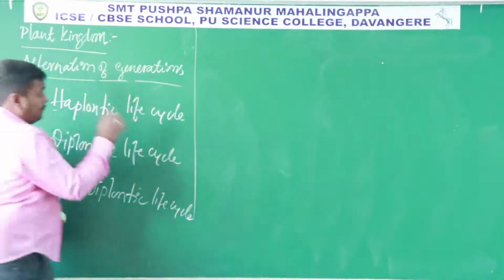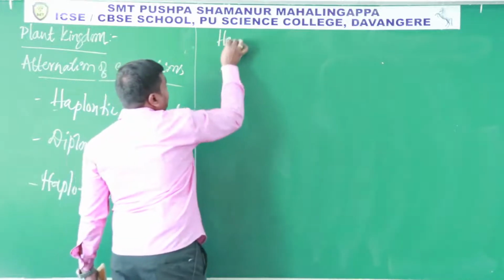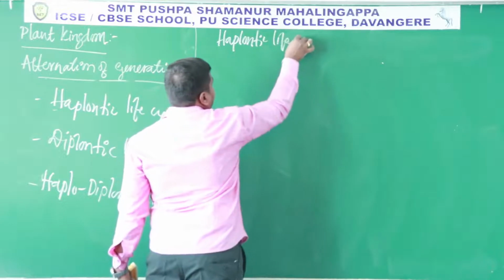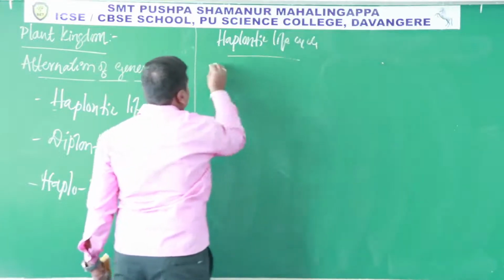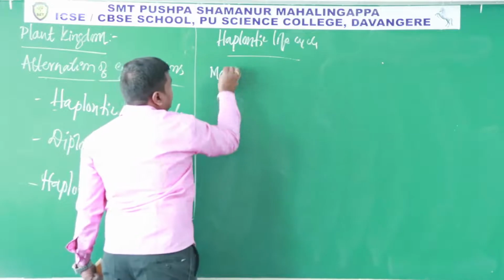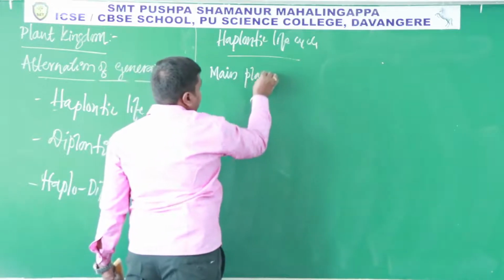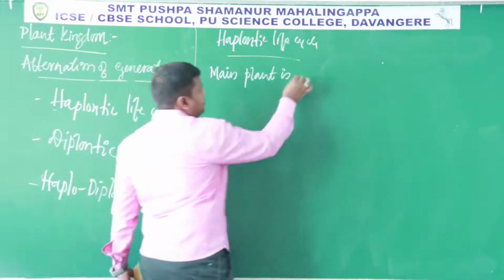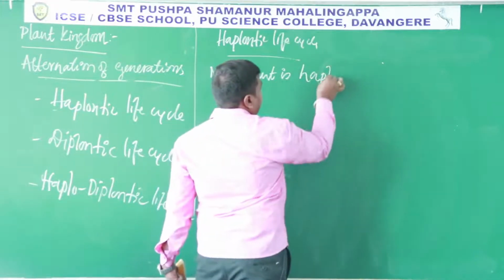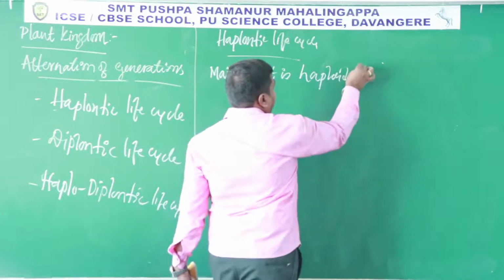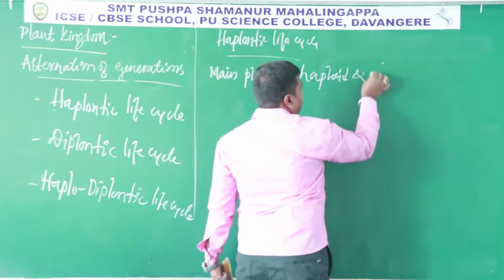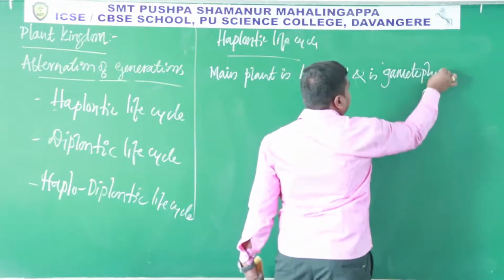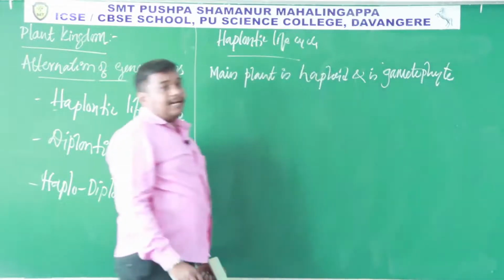Then what is that haplontic life cycle? In haplontic life cycle, the main plant, that is the main thallus or plant, is haploid and is a gametophyte.